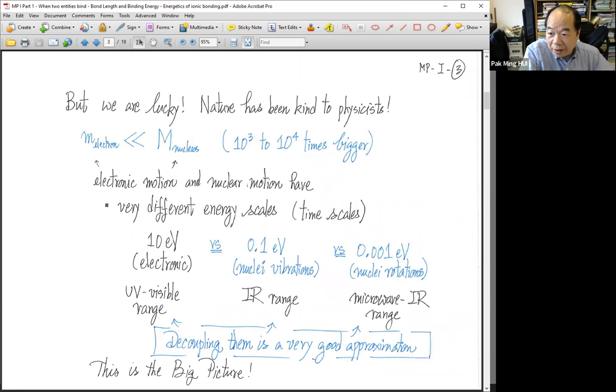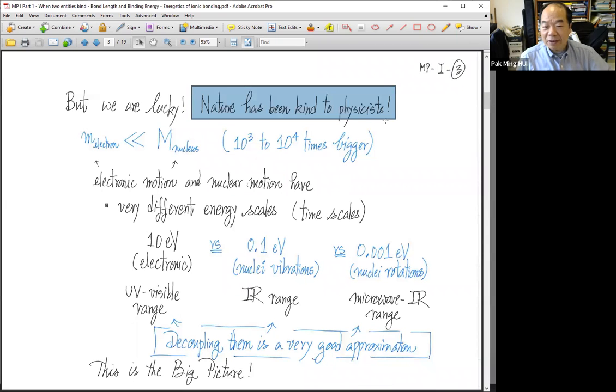Okay, so let me move on. So the whole thing looks very complicated. However, we are quite lucky, or I would say nature has been kind to physicists, and also physicists are quite smart to explore what nature offers us.